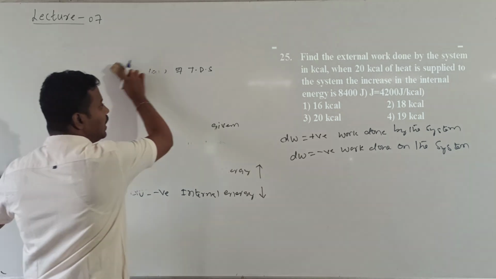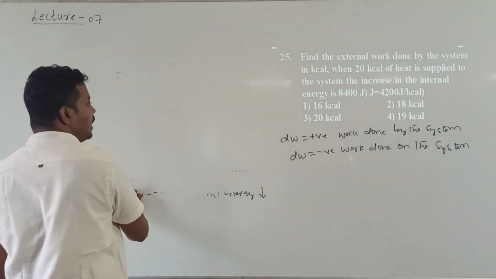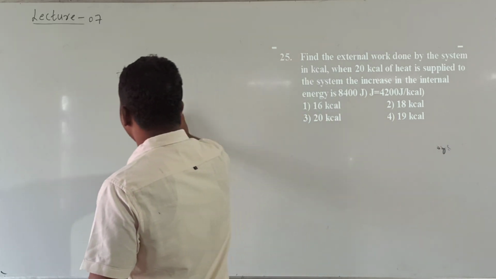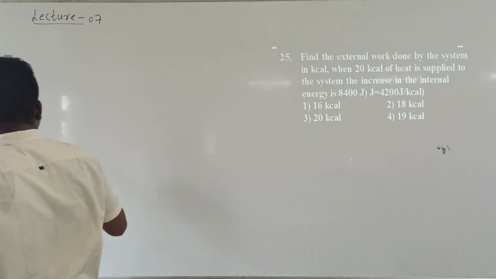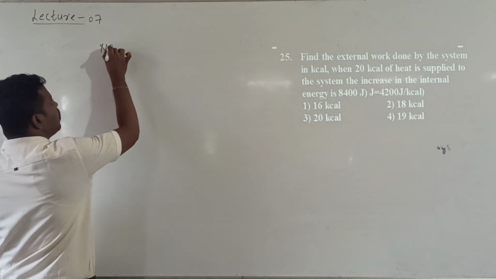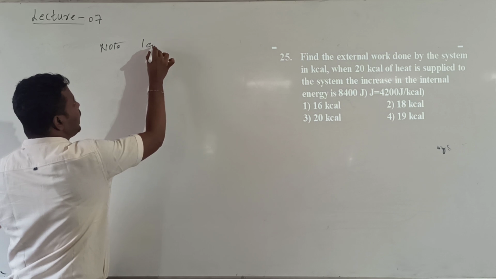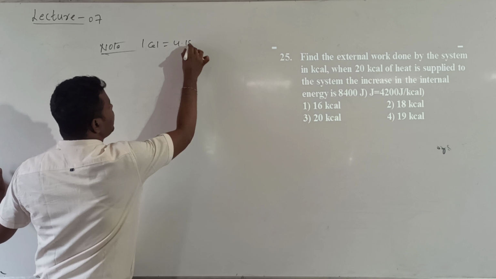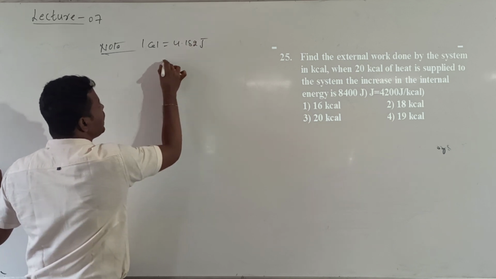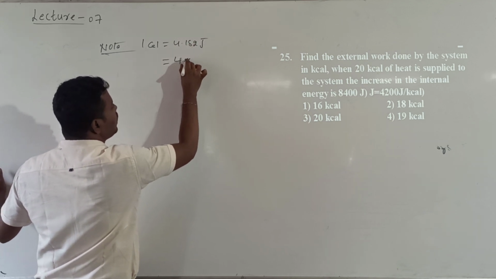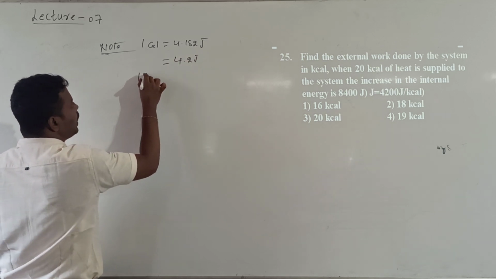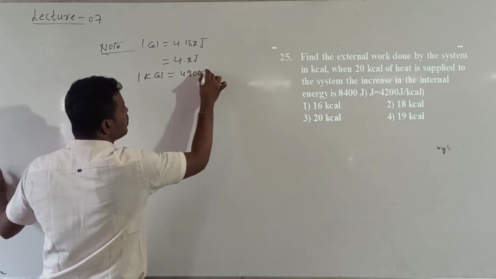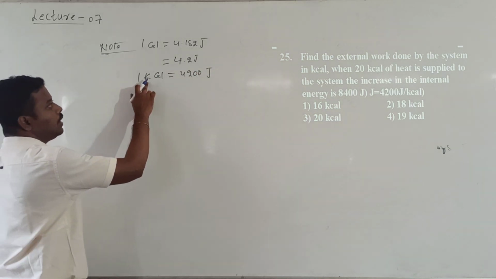Find the external work done by the system in kilocalories when 20 kilocalories of heat is supplied. One more important note here is the conversion: 1 calorie is equal to 4.182 joules, approximately 4.2 joules, whereas 1 kilocalorie is equal to 4200 joules, since kilo means 10 power 3.